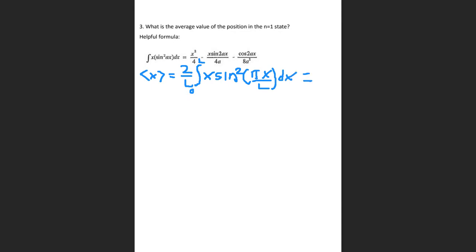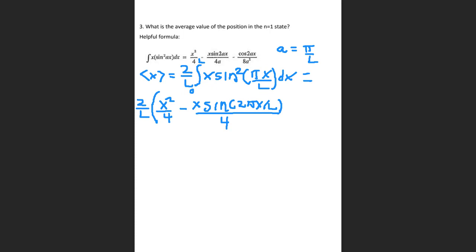And that's going to equal 2 over L, open paren, x squared over 4 minus x times the sine of 2ax, hopefully clear a has to be pi over L. So we have the sine of 2 pi x over L, and I'll just write 4a in the denominator.